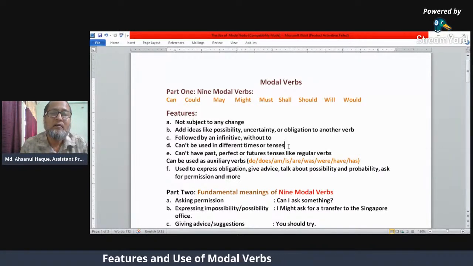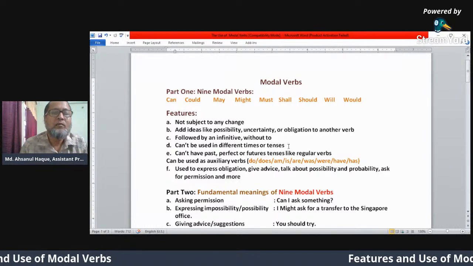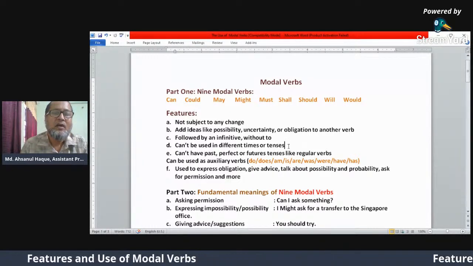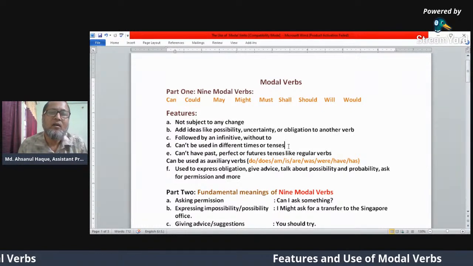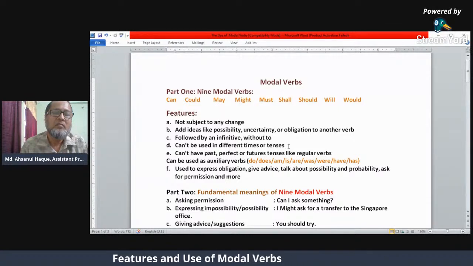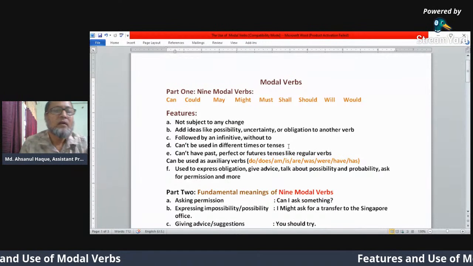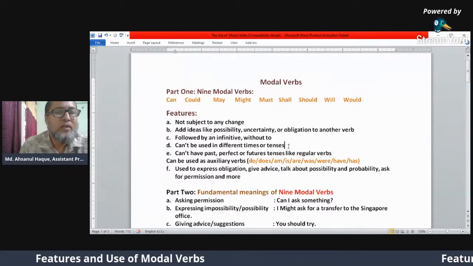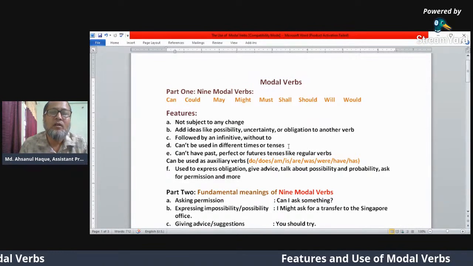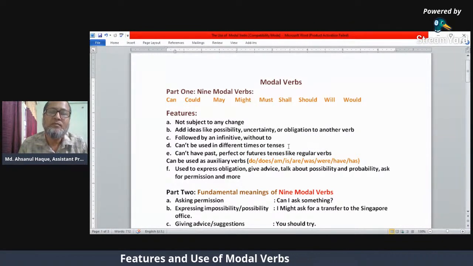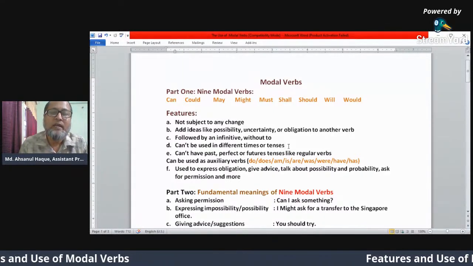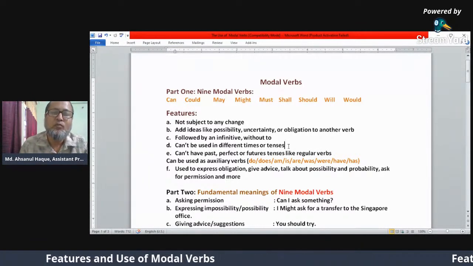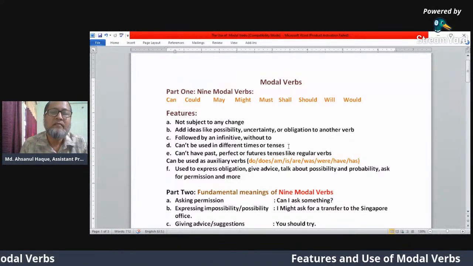But we cannot say he will went there. Or they will thought it. We cannot say so. This is how modal verbs can't be used in different times or tenses. Modal verbs can't have past, perfect, or future forms like regular verbs. That means we change regular verbs in order to make different tenses. We never change modal verbs. Modal verbs cannot be changed anyway.